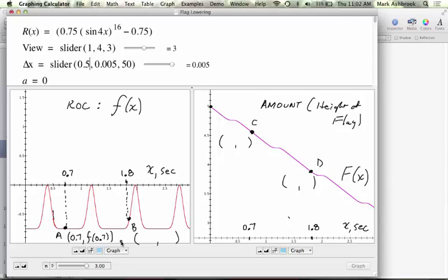Okay, so next one, 1.8. And let's see. What's your name? Shauna? Can you interpret the meaning of point B? So rate at 1.8 seconds. Okay, so it's two numbers in combination, right? So at 1.8 seconds, it's the rate of change. And can you use function notation?